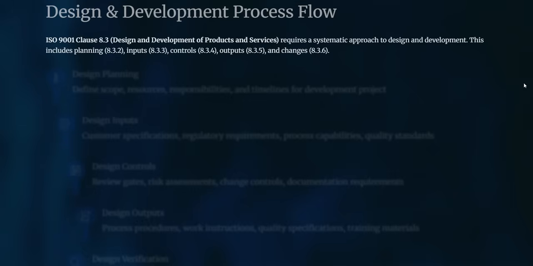ISO 9001 Clause 8.3 design and development of products and services requires a systematic approach to design and development. This includes planning according to clause 8.3.2, inputs according to clause 8.3.3, control according to clause 8.3.4, outputs according to clause 8.3.5, and change according to clause 8.3.6.